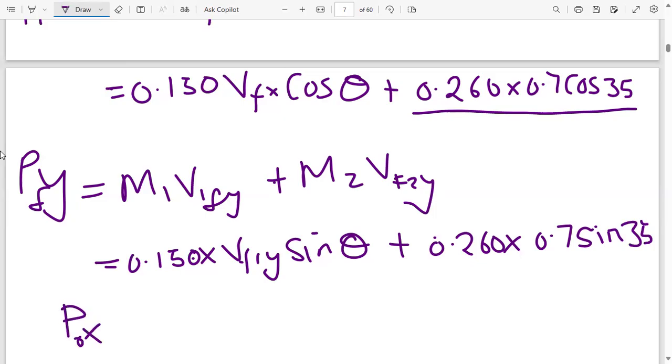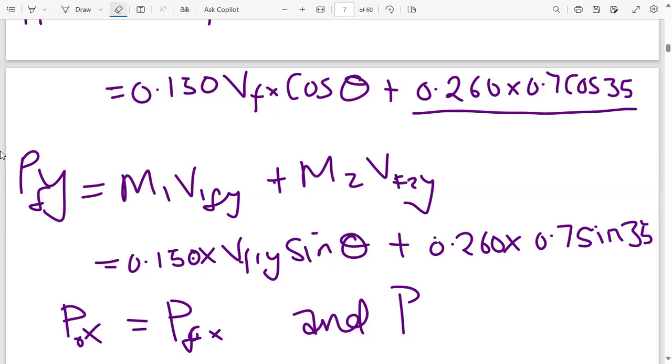And initial momentum in the y should be equal to final momentum in the y. So we're going to equate these. The initial momentum that we found in the x should be equal to the final momentum that we found in the x-axis, and the initial momentum that we calculated in the y should be equal to the final momentum that we calculated in the y-axis.